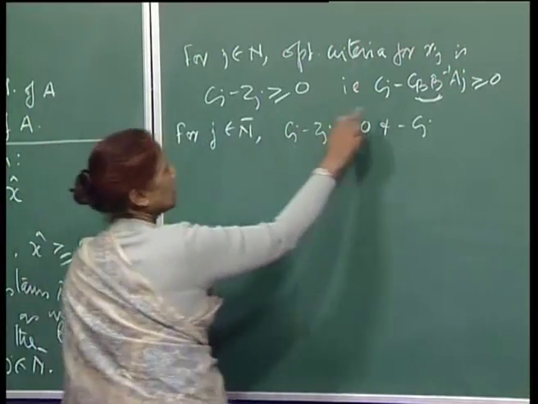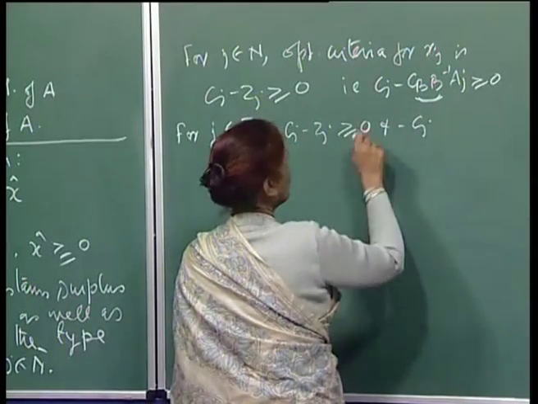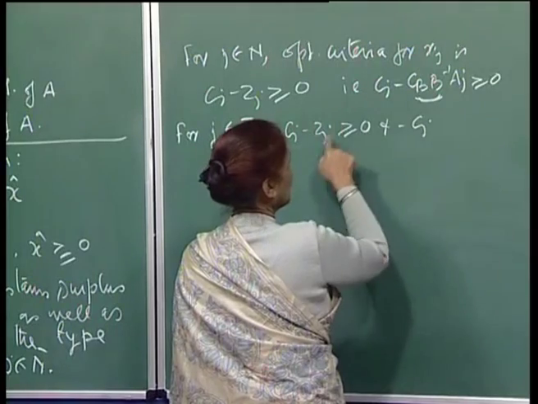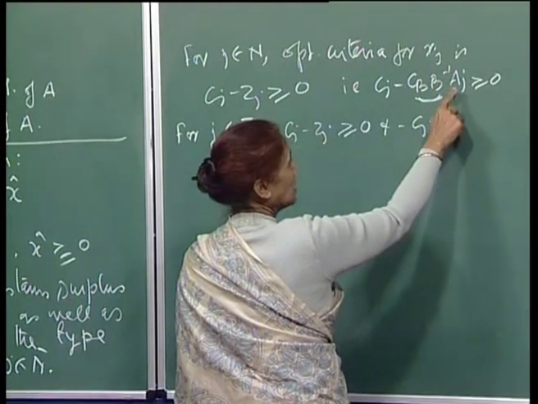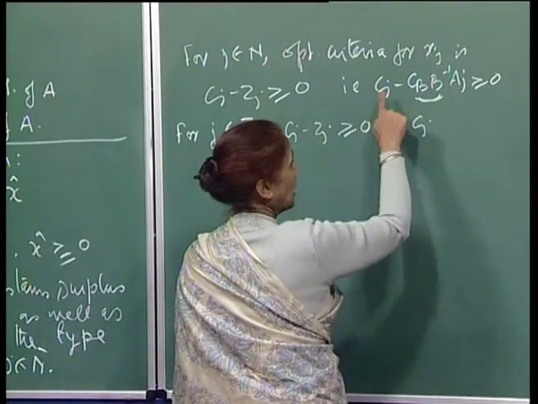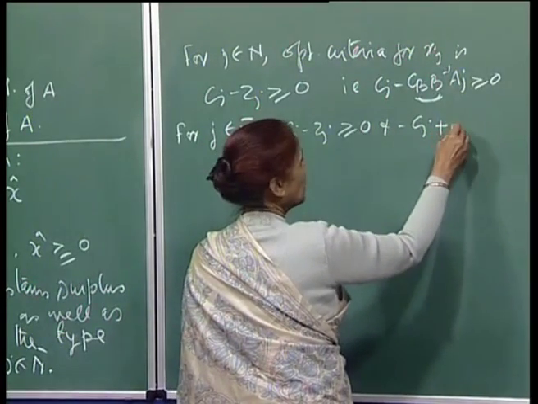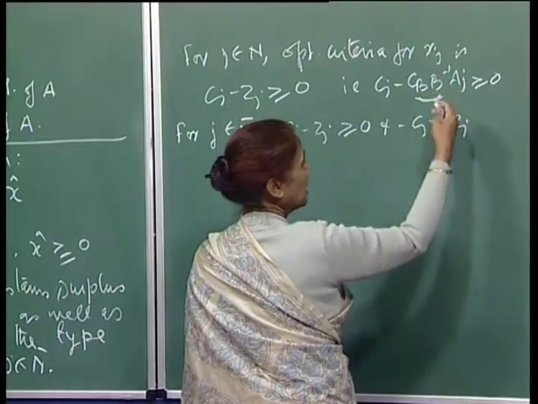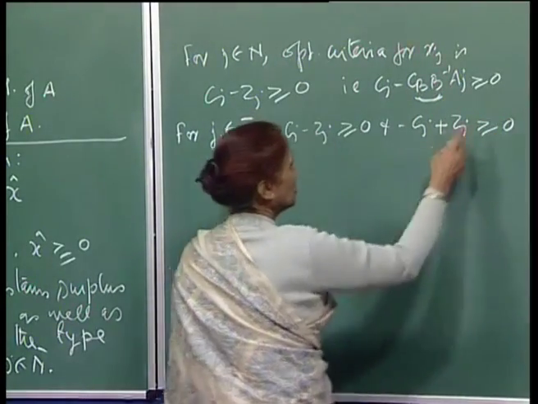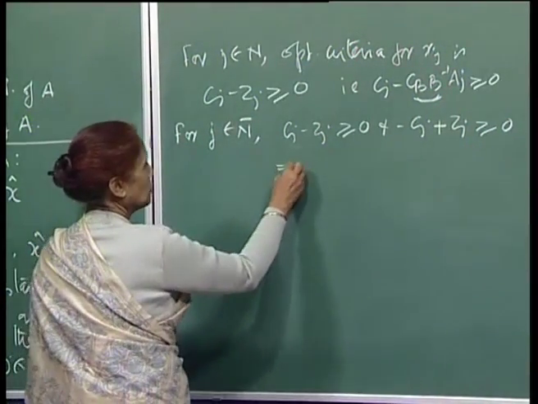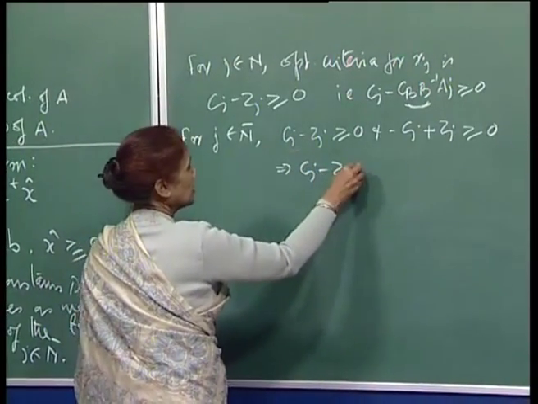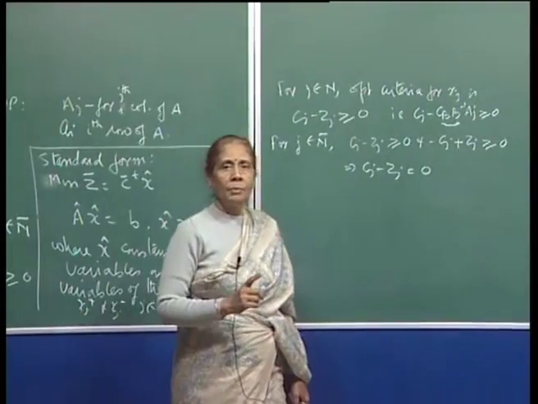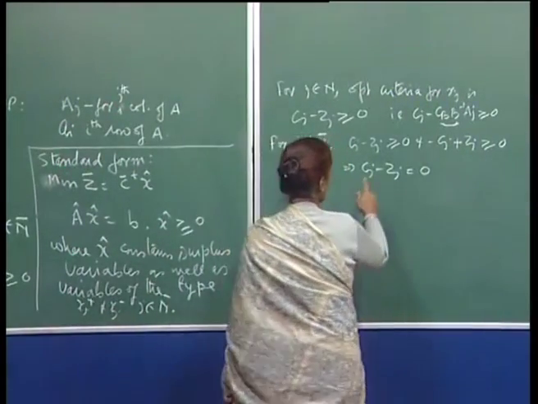So, for xj plus, it is going to be Cj minus Zj. For xj minus, the column is minus Aj, so this will be minus Cj plus Zj, same quantity, because the column is the same, it is the sign which differs, also greater than or equal to 0. So, what does this imply? These two together imply that Cj minus Zj is 0.